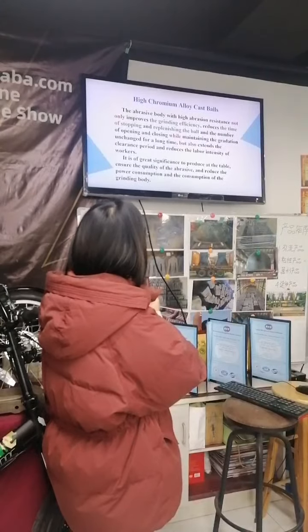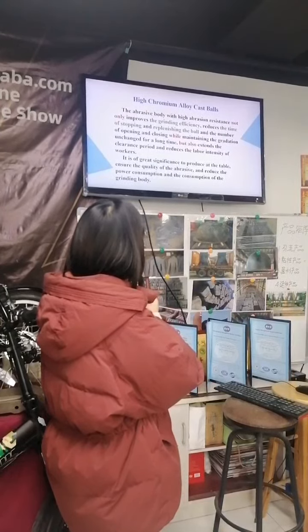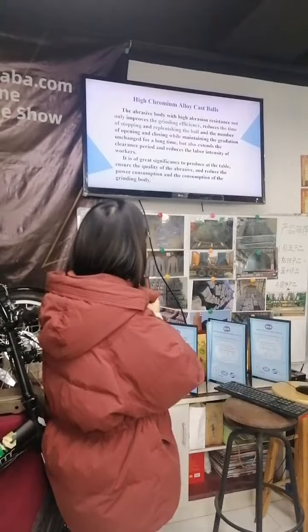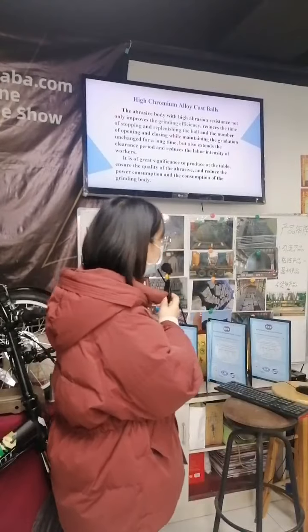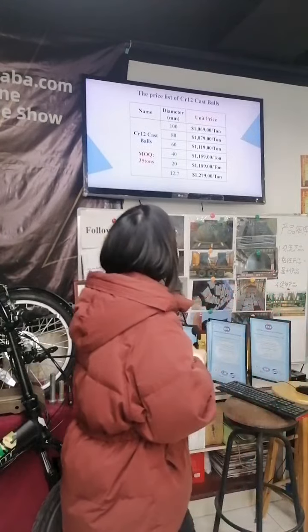It is of great significance to produce at the table, ensure the quality of the abrasion, and reduce the power consumption and the consumption of the grinding body.